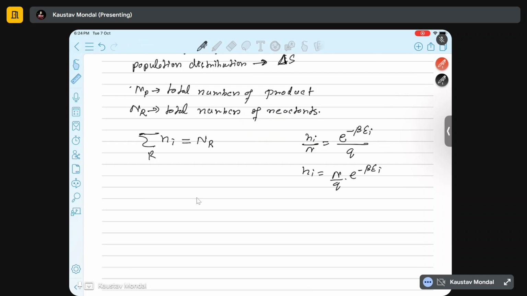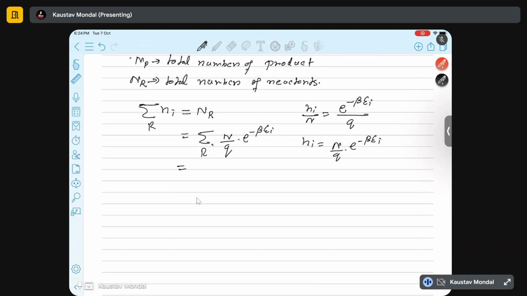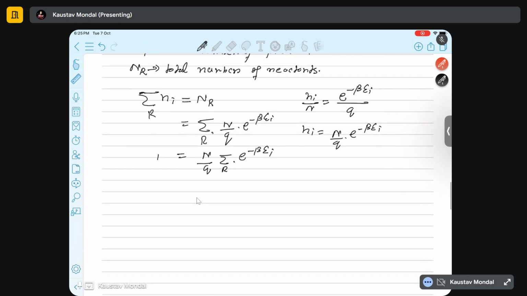So this would be equal to the summation over reactants of N by Q into e to the power minus beta Ei. The summation is over all the possible energy levels of the reactant molecule. So that summation looks like this: N by Q summation over R of e to the power minus beta Ei, right? This would be enough.